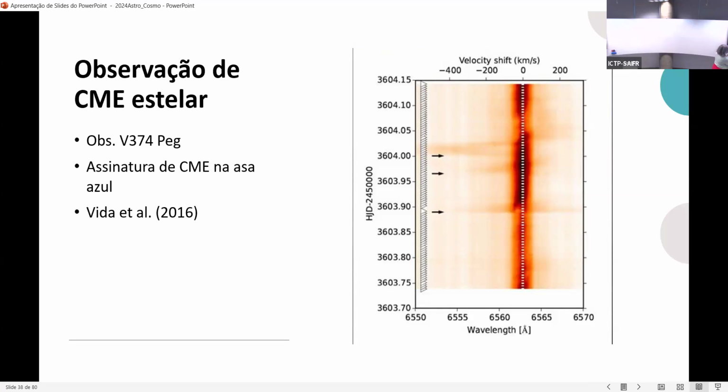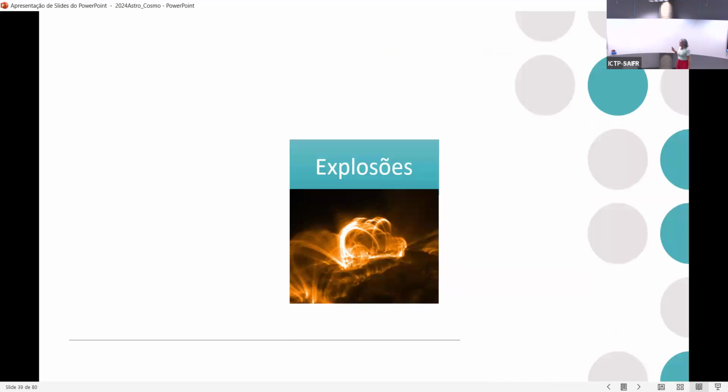So you can see that there is material coming towards us, and this is interpreted as material ejected from this star here, which is coming towards us.